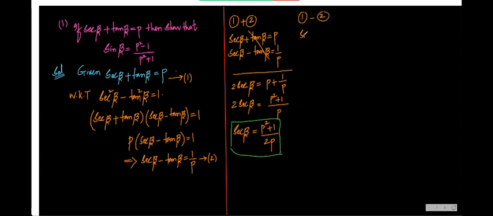Sec beta plus tan beta is equal to P, and here sec beta minus tan beta is equal to 1 by P. So when subtracting, you have to change their signs.